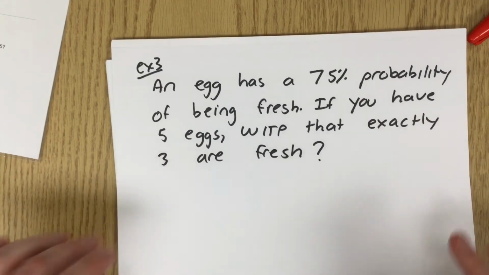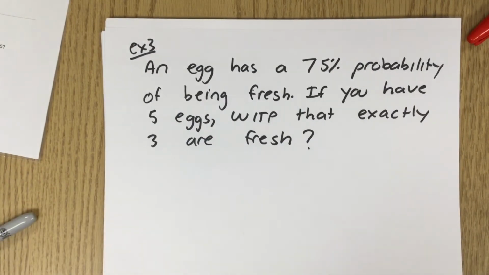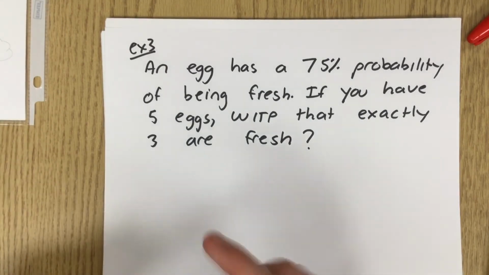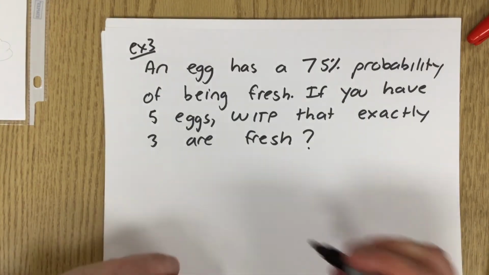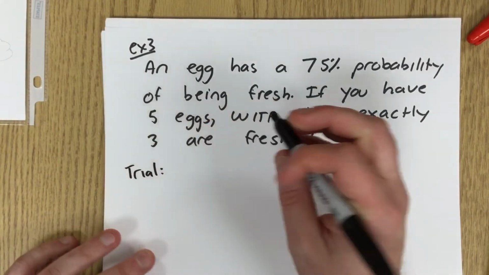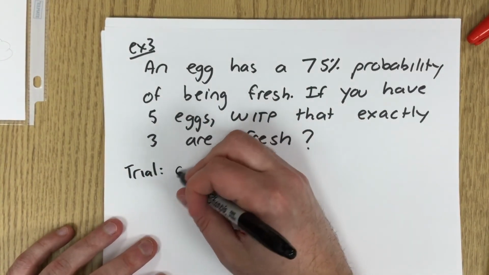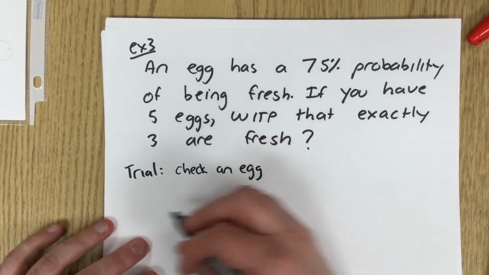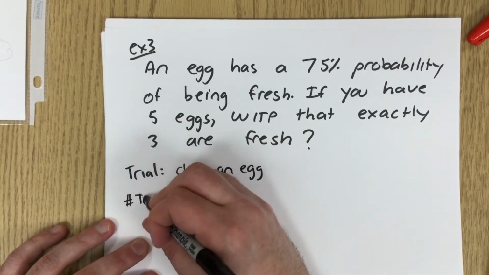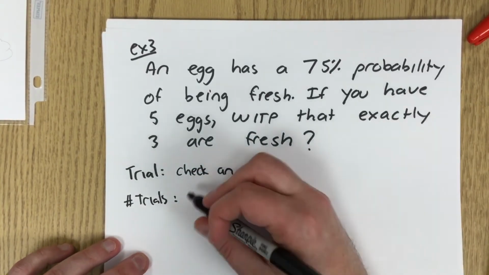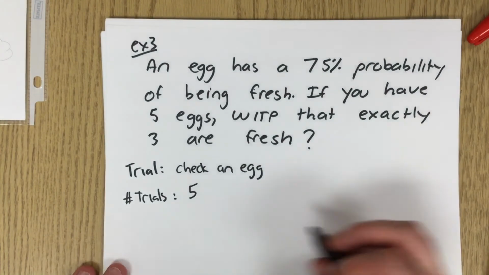An egg has a 75% probability of being fresh. If you have 5 eggs, what's the probability that exactly 3 of them are fresh? A trial would be that we check an egg, and the number of trials here is 5.